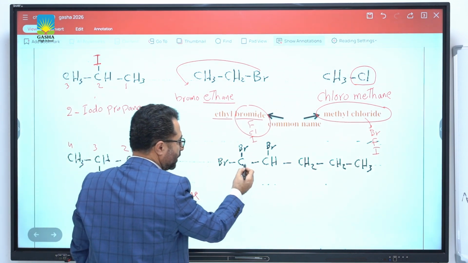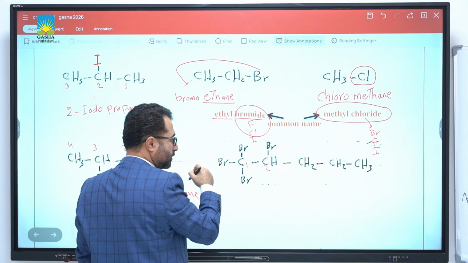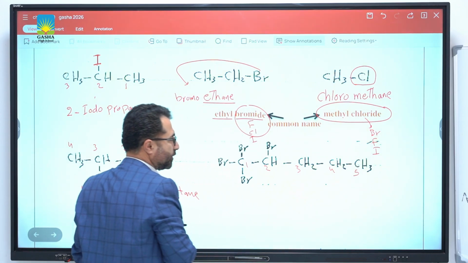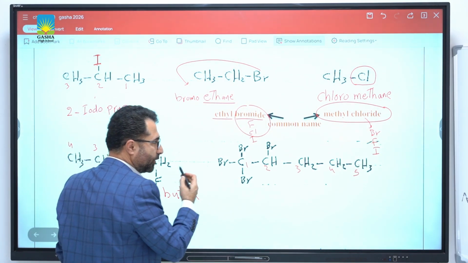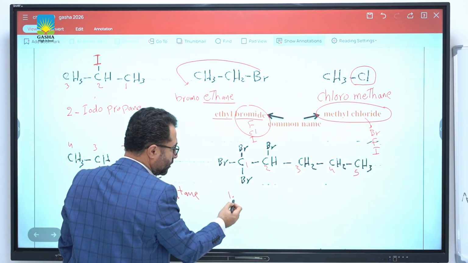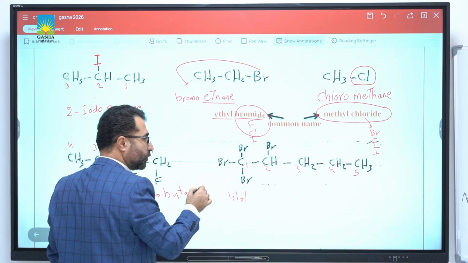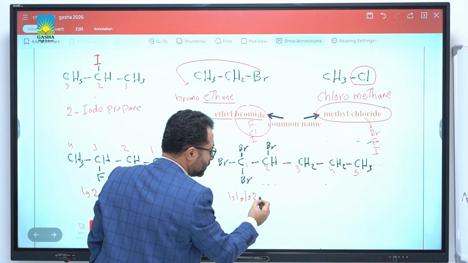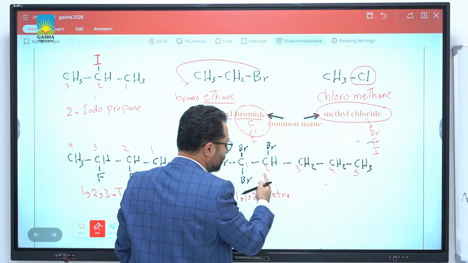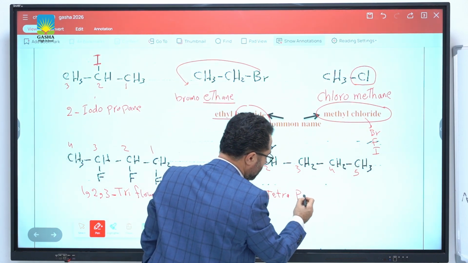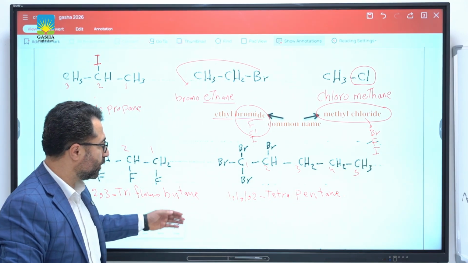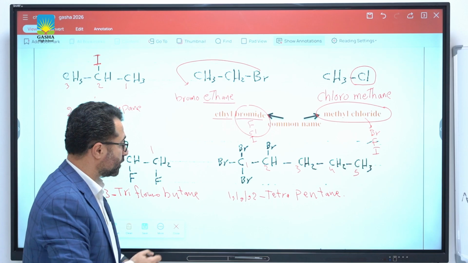Here you have Br. You have to number from the left side: 1, 2, 3, 4, and 5. Write the locations of Br: the first one is on 1, the second is also 1, the third is also 1, and then 2, so you write 1, 1, 1, 2, and tetra because we have 4 Brs. The parent is pentane.